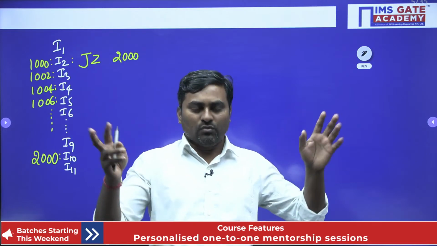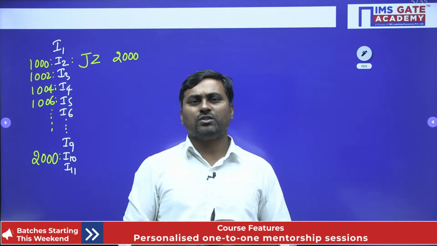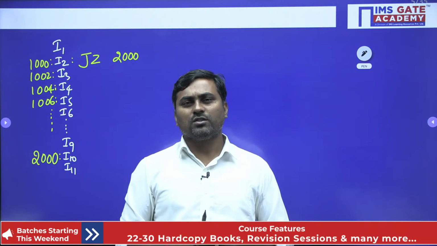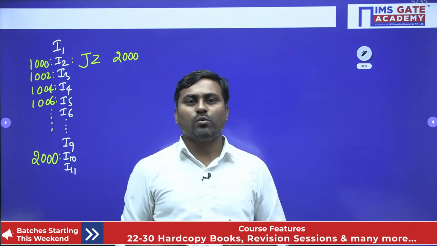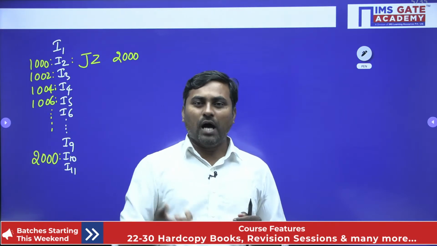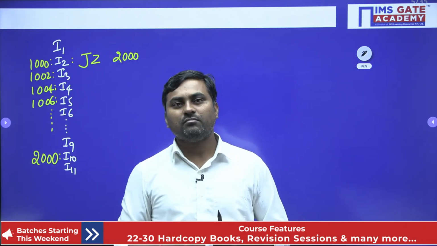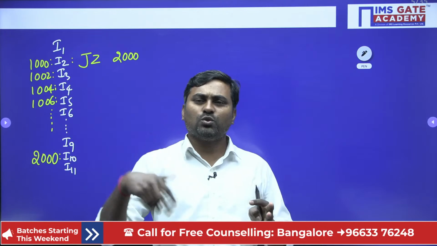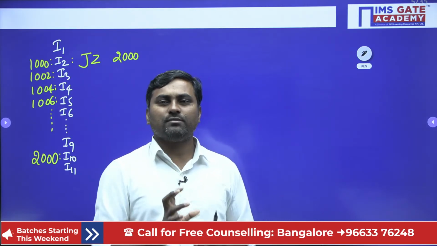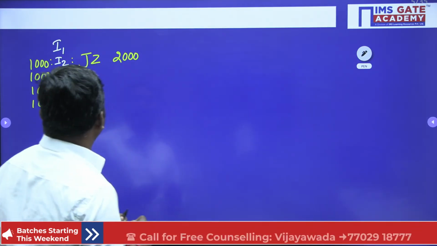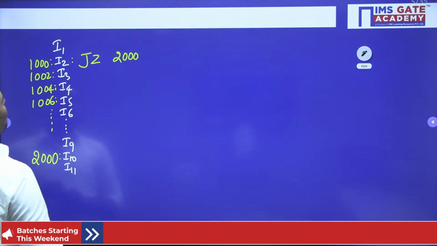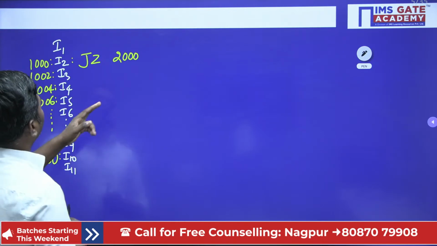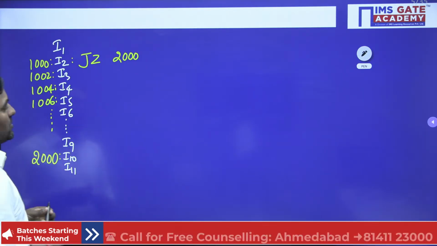When the result you compute is 0, meaning the accumulator content is 0, the Z flag is set. When it is 0, jump to this location. Sometimes we write: when non-zero, jump to this location. When we test a condition and it is true, jump to this location. These are the types of branch instructions. In the example I am considering, I2 is a branch instruction that jumps to I10, the target instruction.